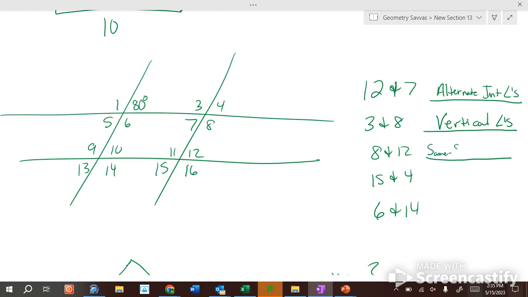What are 8 and 12? Same side interior angles. What are 15 and 4?